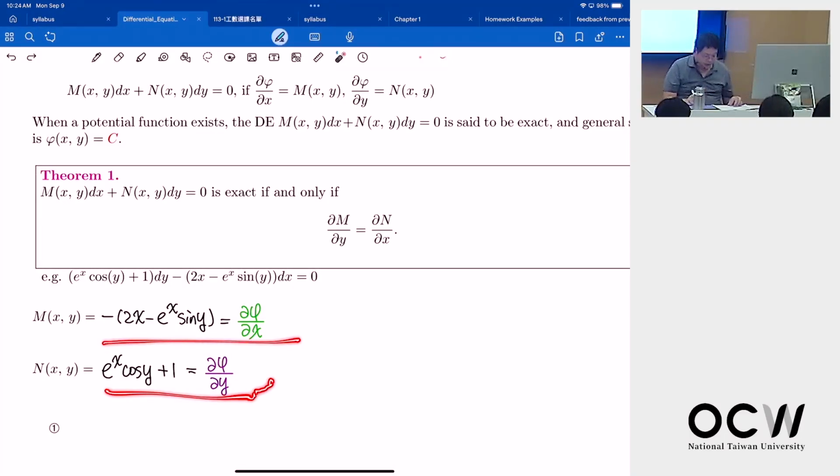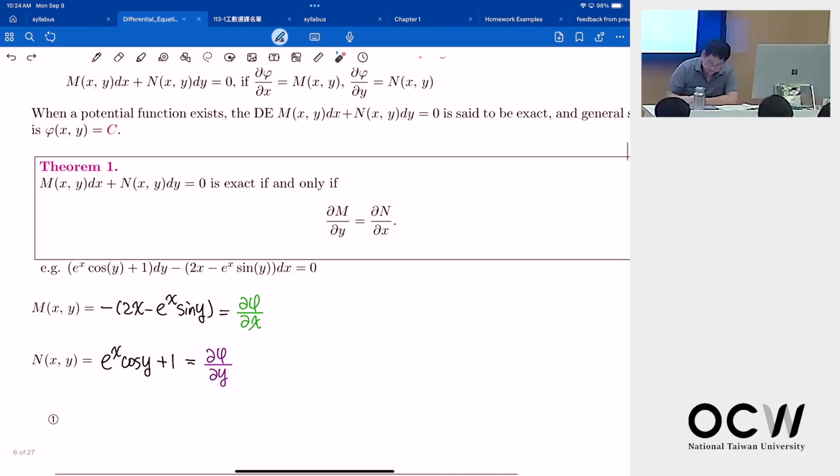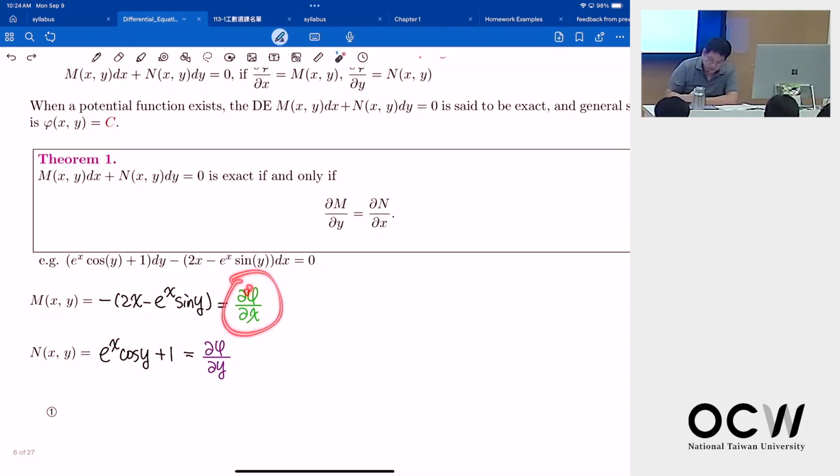All right? The next, I will choose the green one first. You need to solve for the potential function. Okay, so you can either choose the M function or N function. So first, let's choose the M function.